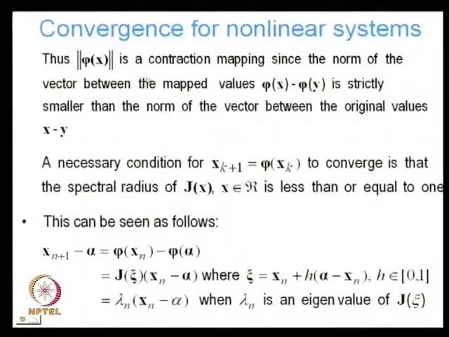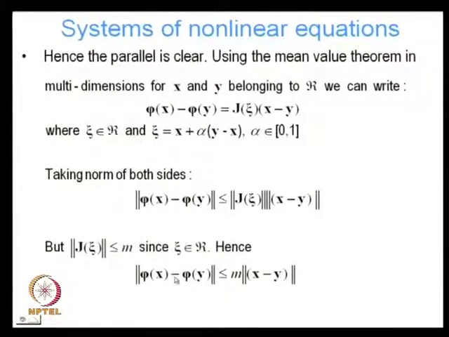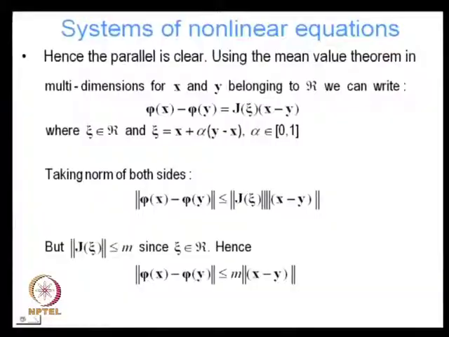Why is it a contraction mapping? Well, let us take a look. If I have x and y, two points or vectors which belong to that neighborhood R centered at alpha, and I operate with phi on x and on y, then the norm of phi x minus phi y, we can think of the norm as the distance.